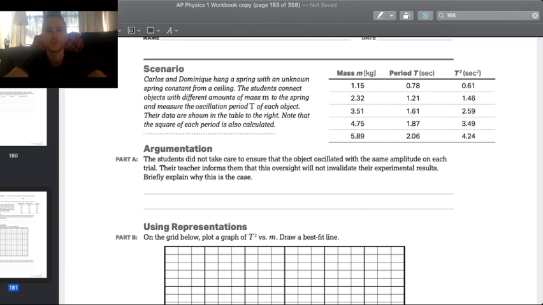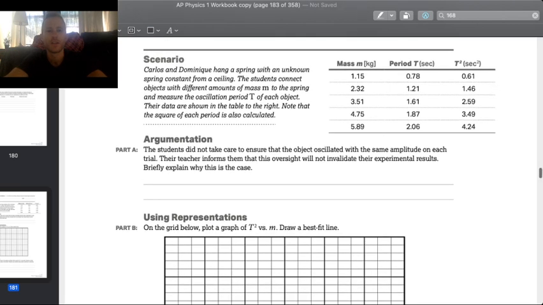Note that the square of each period is also calculated. The students did not take care to ensure that the object oscillated with the same amplitude on each trial. Their teacher informs them that this oversight will not invalidate their experimental results. Briefly explain why this is the case.